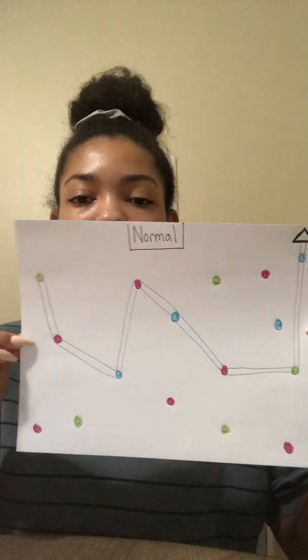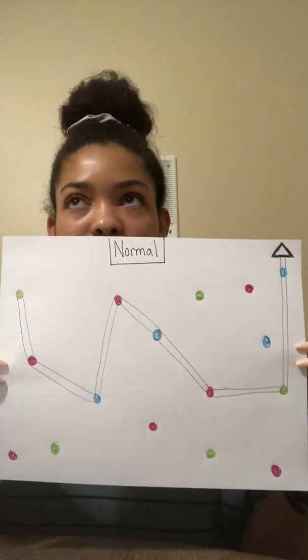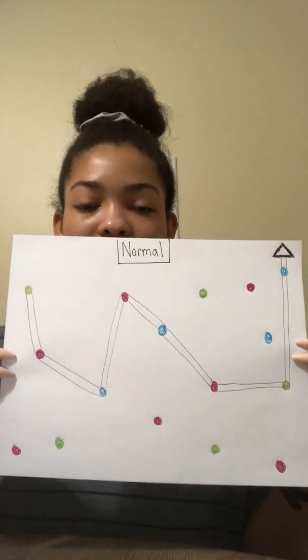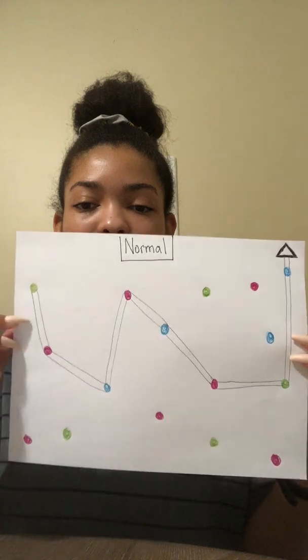So using an example of a functional magnetic resonance image, I drew this diagram of neurotransmitters in a normal brain. And as you can see, there is a clear pathway as to where these signals are going.